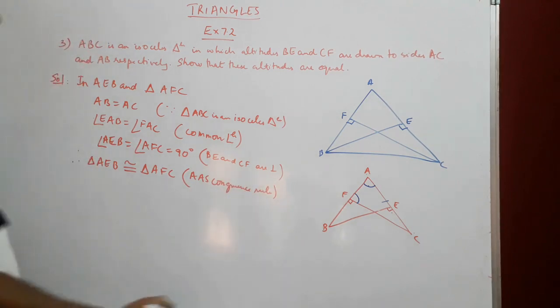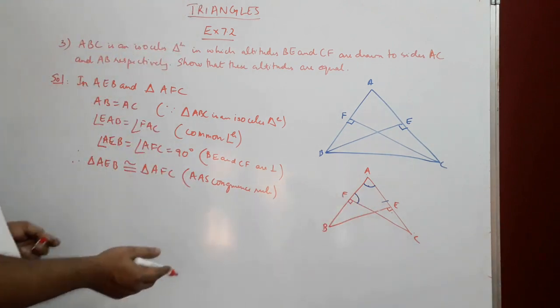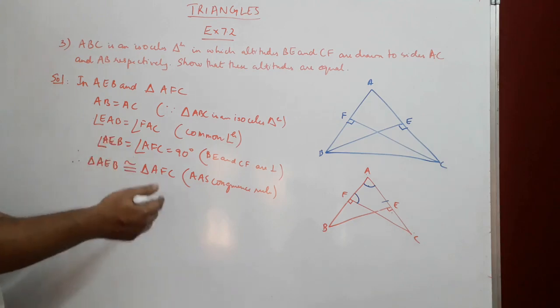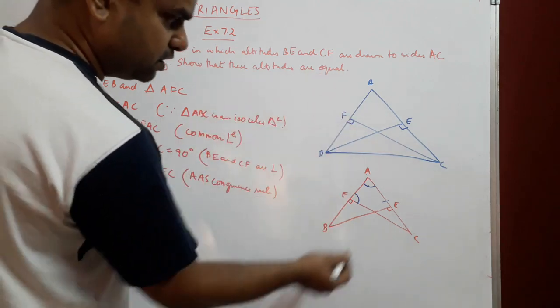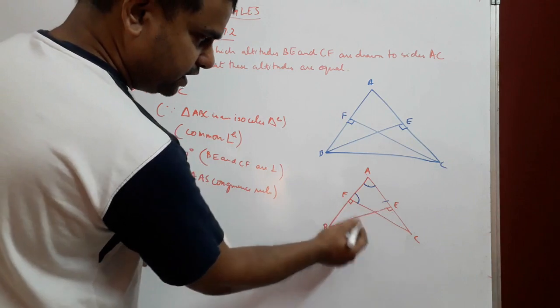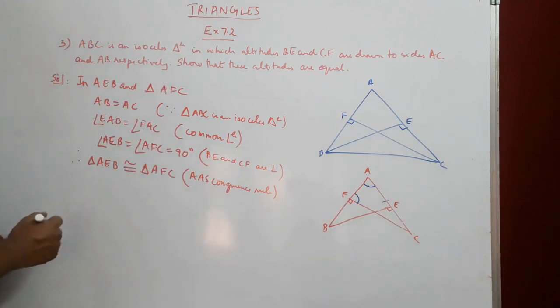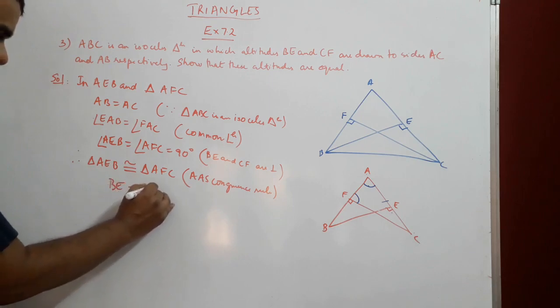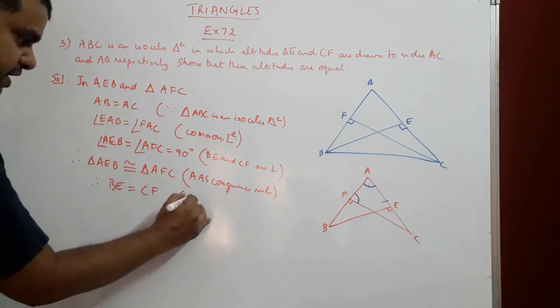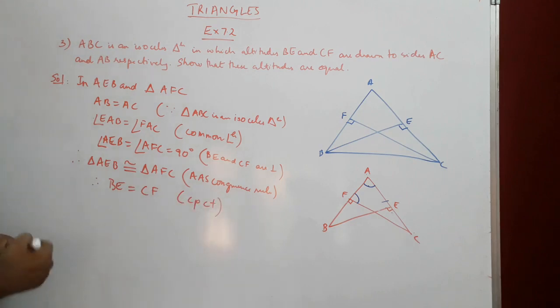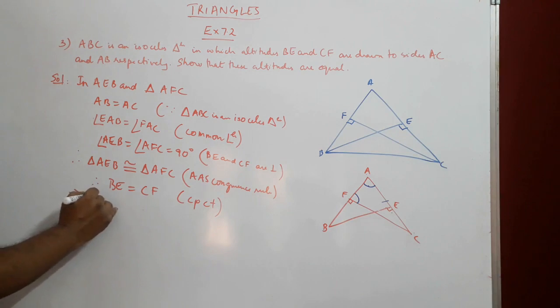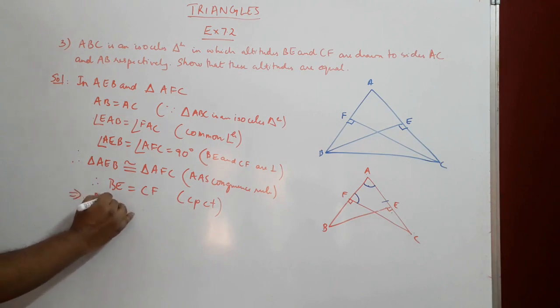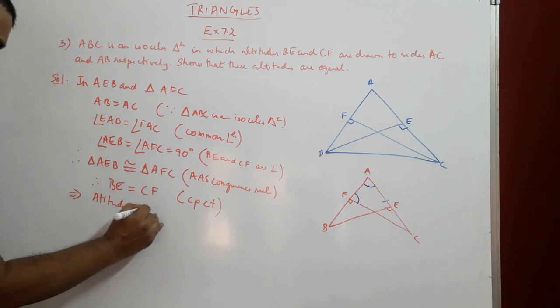Now that we have proved that these two triangles are congruent, we put our focus back on what we are asked to show, that the altitudes are equal to each other. Which are the altitudes? BE and CF, and they are corresponding parts of congruent triangles. So BE is equal to CF by CPCT. This implies that altitudes are equal.